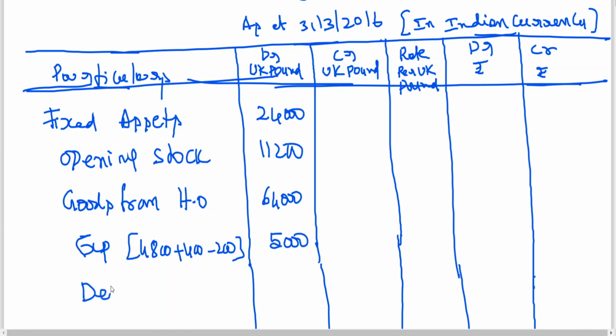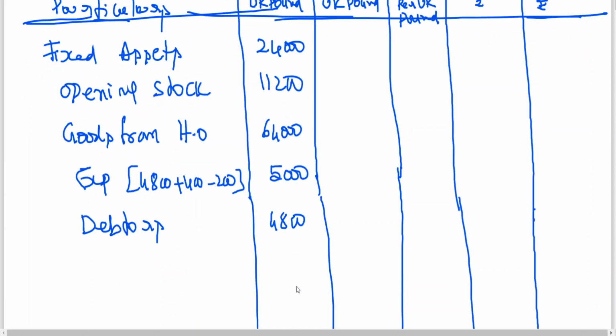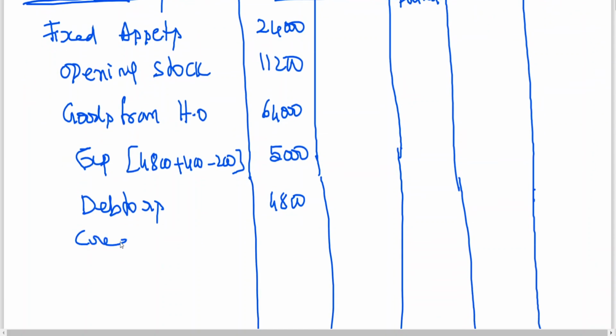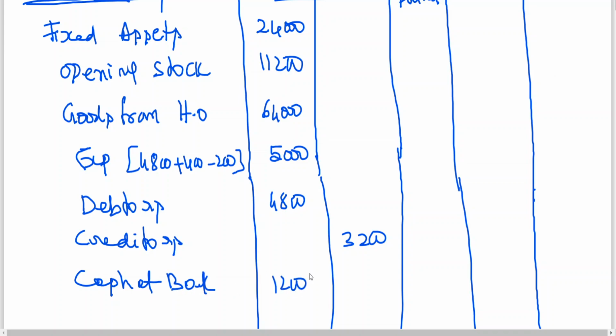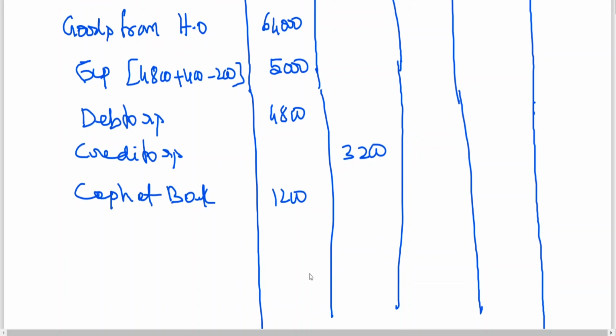Then debtors, first I am copying down as it is. Debtors 4,800. Creditors 3,200. Cash at bank 1,200.